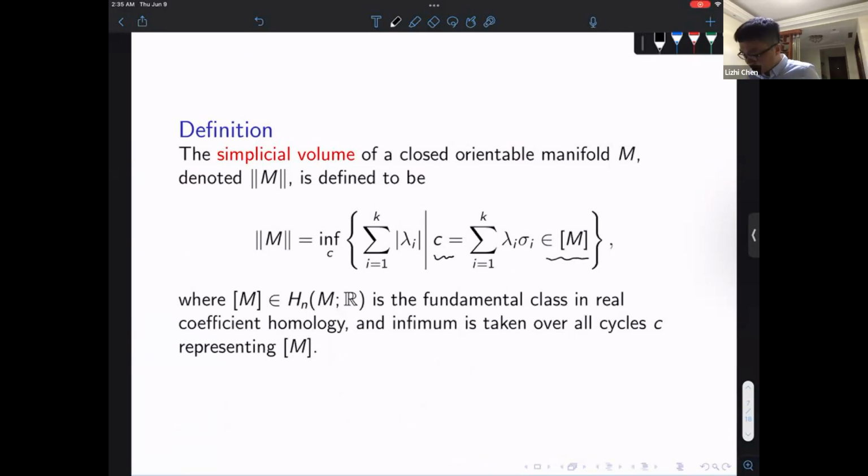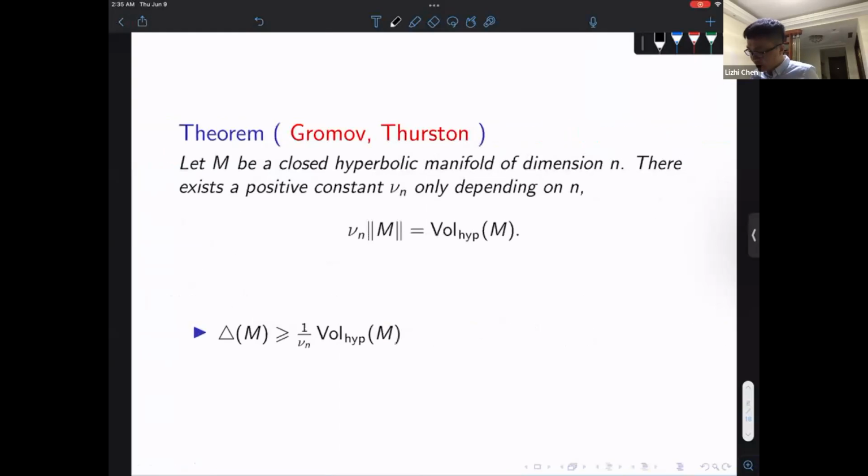The simplicial volume can be seen as the topological definition of hyperbolic volume because of this theorem, called the Proportionality Theorem. The theorem says the simplicial volume is proportional to the hyperbolic volume, and here the constant ν_n is only related to the dimension n.